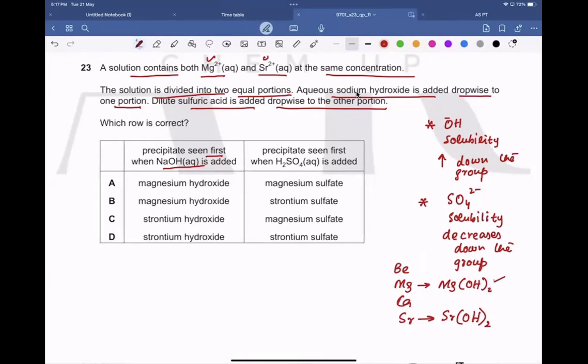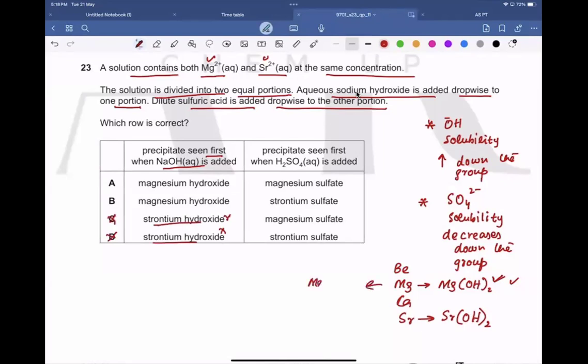Because it is above, its precipitate forms first. The hydroxide solubility is increasing down the group, so strontium hydroxide gets dissolved and magnesium hydroxide's precipitate is formed, right? In this way, these two are going to be wrong and we are left with A and B.